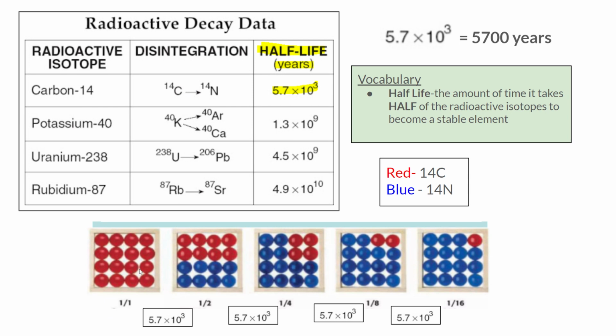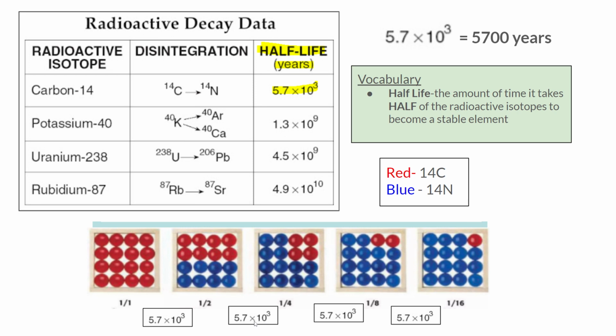For instance, if I have a sample of carbon 14, red, it will take half of the carbon 14 to turn into blue, nitrogen 14, my stable disintegration product, and it will take 5.7 times 10 to the 3, or 5,700 years, which are the same thing. So it will take 5,700 years for half of my unstable carbon 14 sample to become stable nitrogen 14.